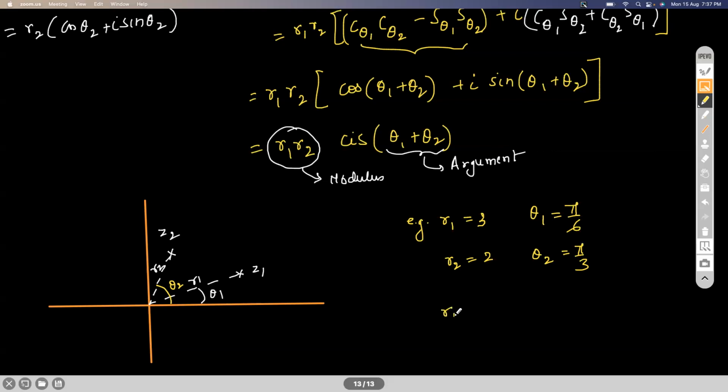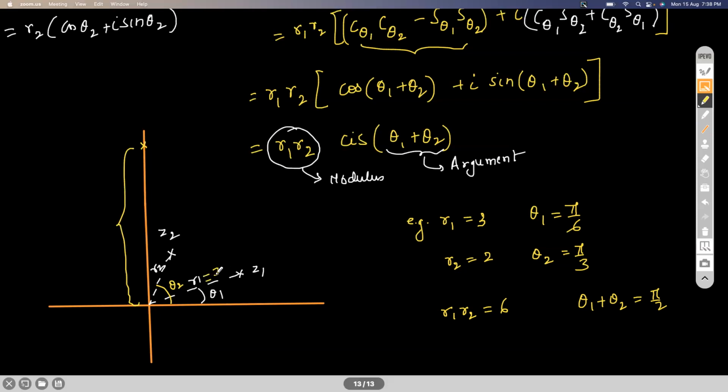At a distance of 6 and at an argument of pi by 6 plus pi by 3, which is pi by 2. So if you multiply, just taking an example as per our situation, it should lie here at a distance of 6, right?